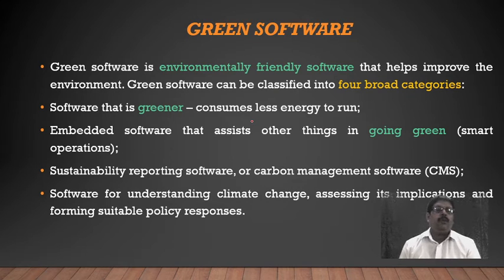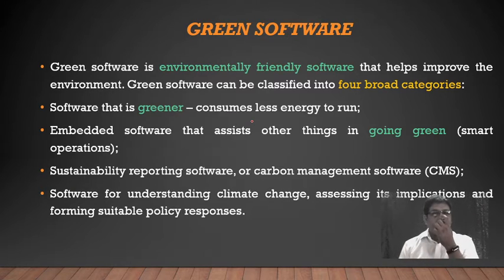First one, if you say the software that is greener, what does it mean? It will consume less energy. And embedded software that assists the other things in going green. See, the first one is the one which is consuming less energy, and the second one is the embedded software, that is the built-in software which is assisting everyone to go greener for smarter operations.